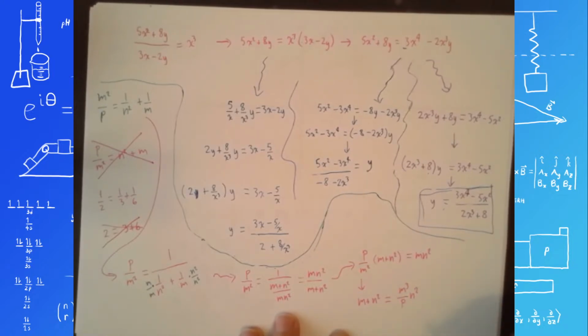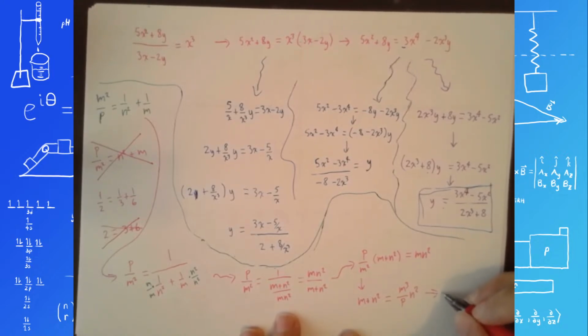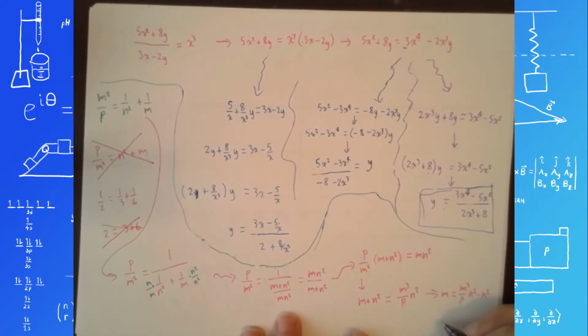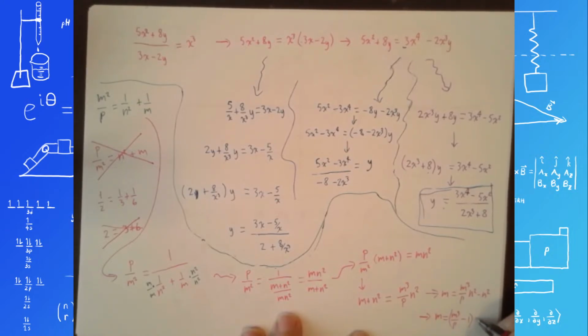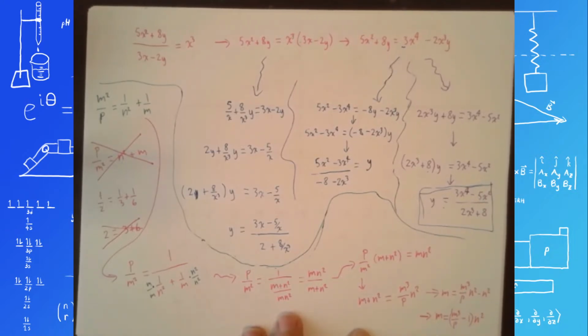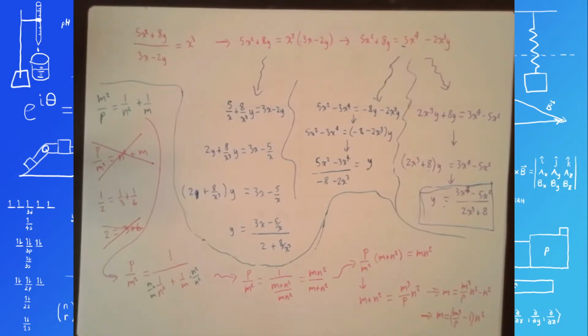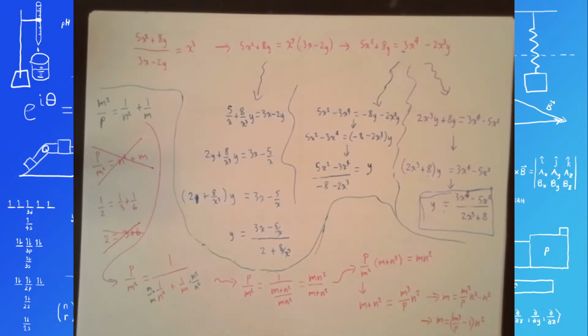Subtract the n squared over to the right-hand side, and now you've got m equals m cubed over p n squared minus n squared. Factor out the n squared, and we have m equals m cubed over p minus 1 all times n squared. Divide by m cubed over p minus 1 and take the square root, and there's your n.